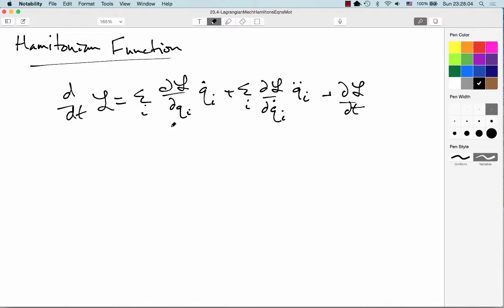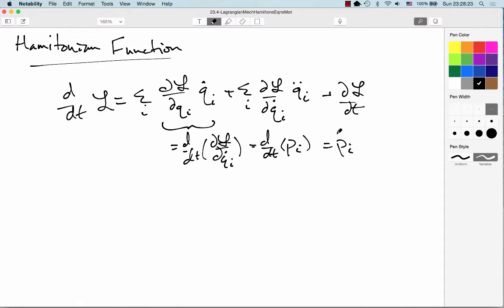Now I can look at this much of it right here, and I can recognize that this is d/dt of partial L partial qi dot. So that's d/dt of the generalized momentum, so that's pi dot. All right.